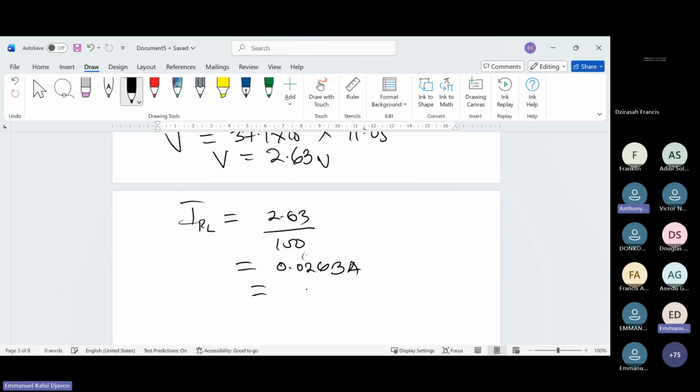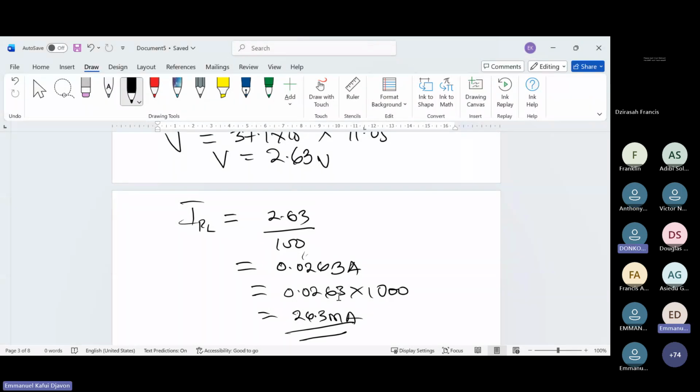Milliamps will be what? It will be 26.3 milliamps. So far, so good.